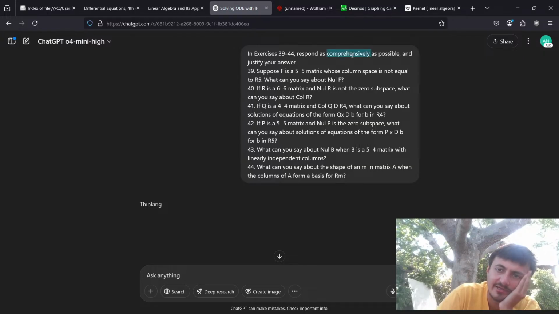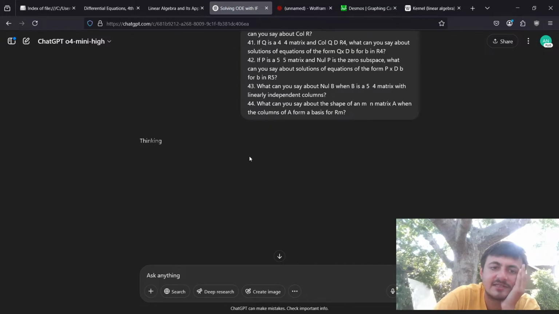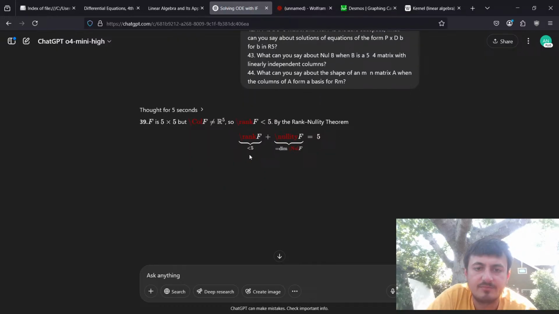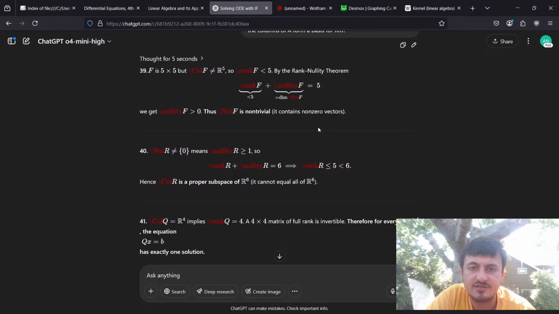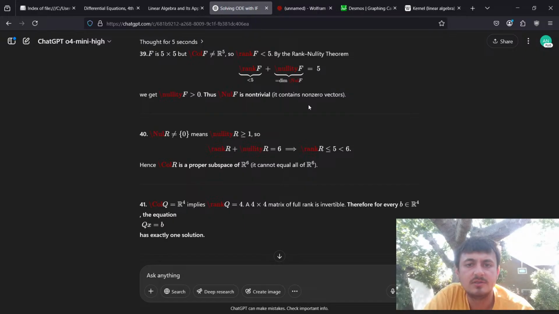I bet this word comprehensive makes it write a freaking essay on each of these things. Oh no, good. Being succinct. Yes. Okay, so that's exactly what I wrote: the dimension of the column space plus the dimension of the null space is equal to 5.